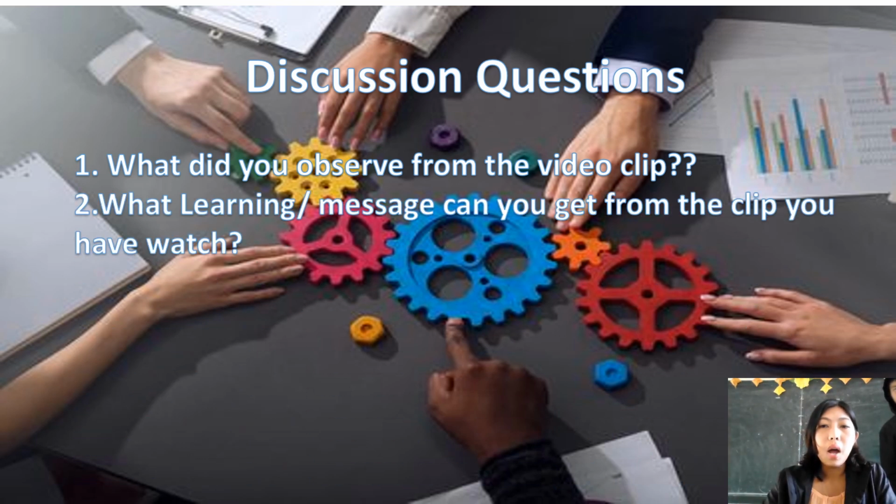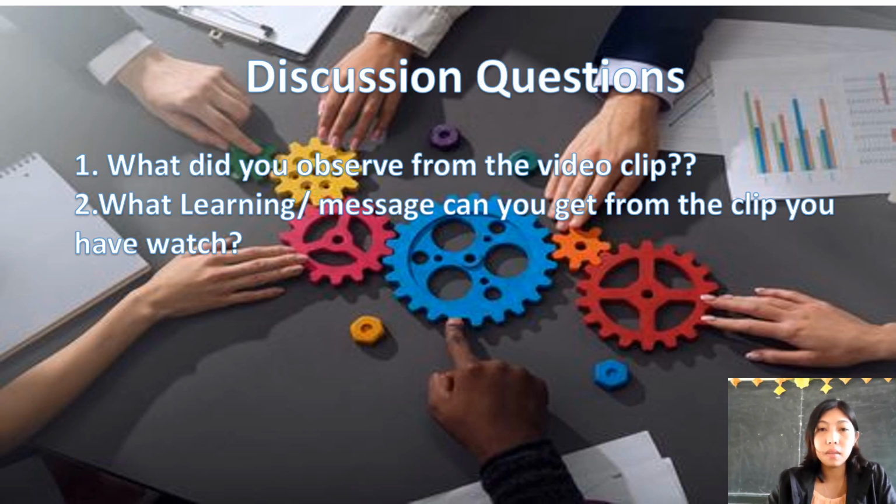Number two: what learning messages can you get from the clip? The message is it is best to be involved in a group than as an individual, because you will gain positive results from it. You will be able to succeed in your set goal if you do it together.